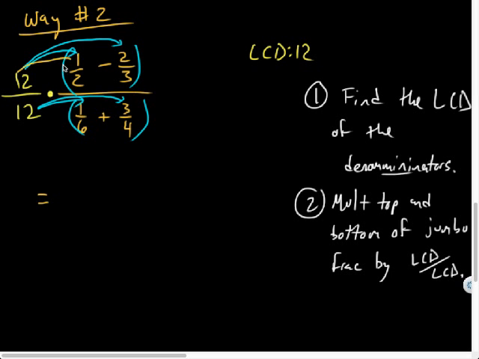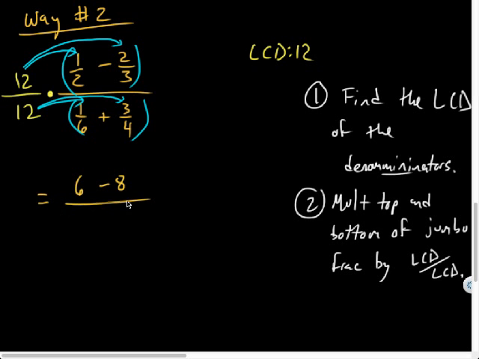So 12 divided by 2 is 6, and 6 times 1 is 6. So I get 6. I like it. 12 divided by 3 is 4, multiplied by 2 is 8. Negative 8, it'd still be negative, yep.